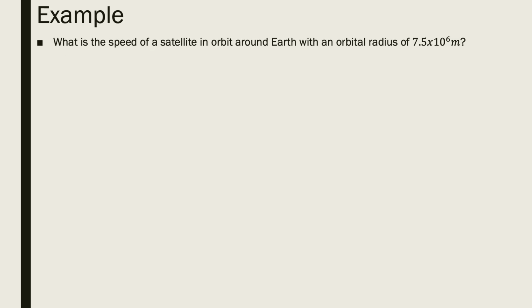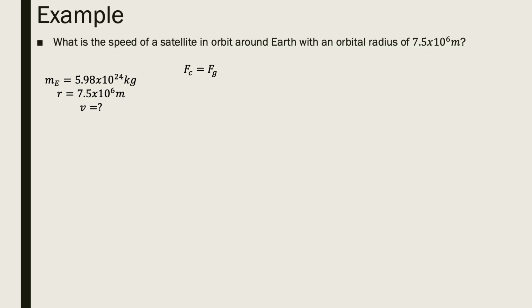So looking at an example: what is the speed of a satellite in orbit around the Earth with an orbital radius of 7.5 times 10 to the 6 meters? So we've got mass of Earth is 5.98 times 10 to the 24 kilograms, and our radius is 7.5 times 10 to the 6 meters.